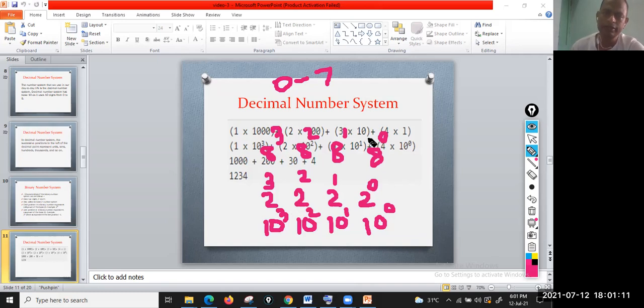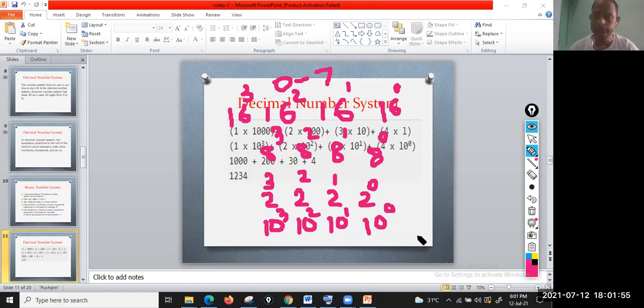The hexadecimal number system uses 16 digits, so we write 16 to the power 0, 16 to the power 1, 16 squared, and 16 cubed. Once you understand this basic concept, you will be able to convert decimal to binary, hexadecimal and octal numbers. The only difference is their base.